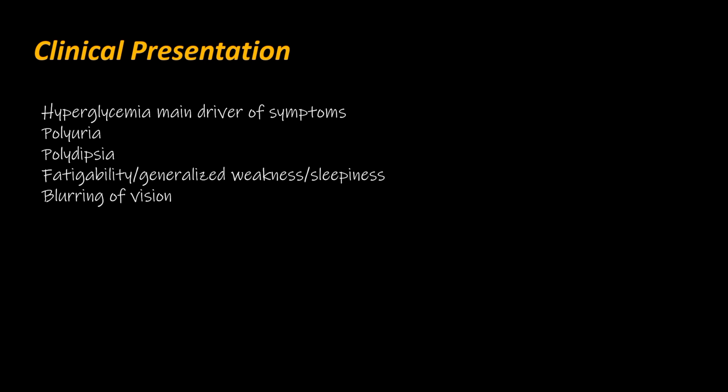Blurring of vision. There could be transient causes or irreversible permanent causes. The transient causes: in hyperglycemia, there is an osmotic shift of fluid into the lens, which swells the lens, and because of the change of shape of the lens, the patient develops blurring of vision.